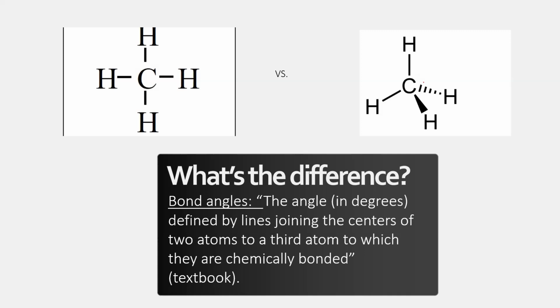So it's talking about this angle right here, the angle between these bonds and these bonds and those. So how is it that we can figure out what these bond angles are?